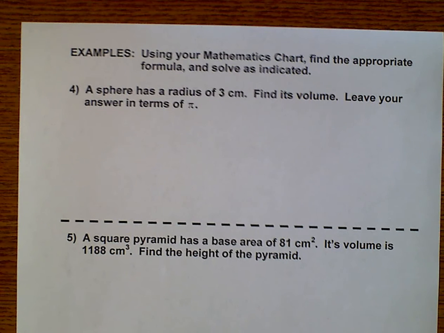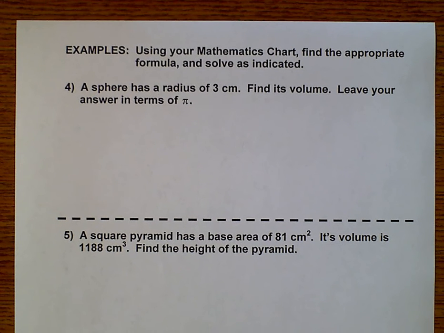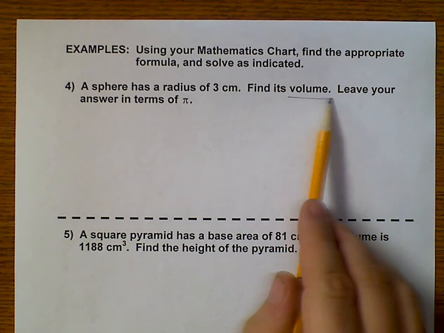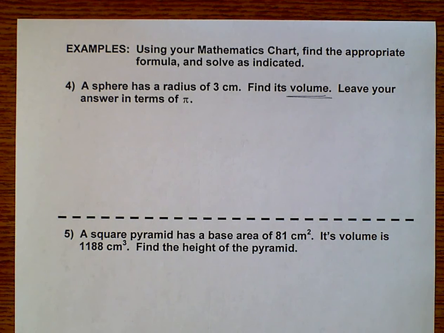Now here, we're going to need a mathematics chart. And we're going to need to find the appropriate formula to use this. And so first off, let's go ahead and get our chart and look for a sphere. And specifically, we want the sphere's volume.